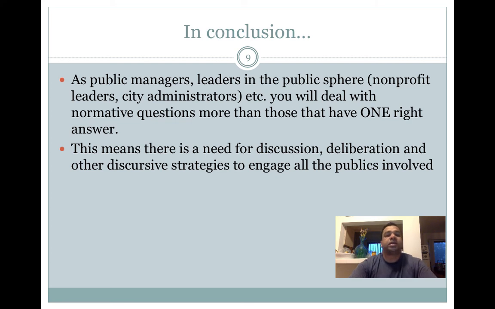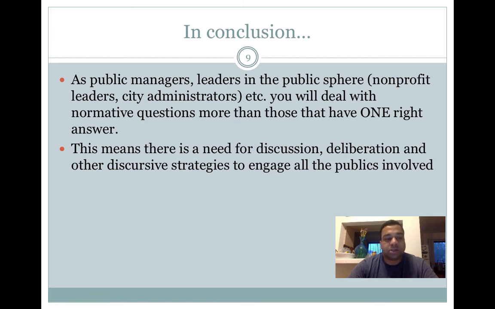So essentially, what we are seeing today is a real tension between the rational, or rather the very definitive answers that a bureaucrat is supposed to have, yes and no, this is right and wrong, versus the normative or value-laden decisions that one makes as a bureaucrat, as Dwight Waldo would argue.